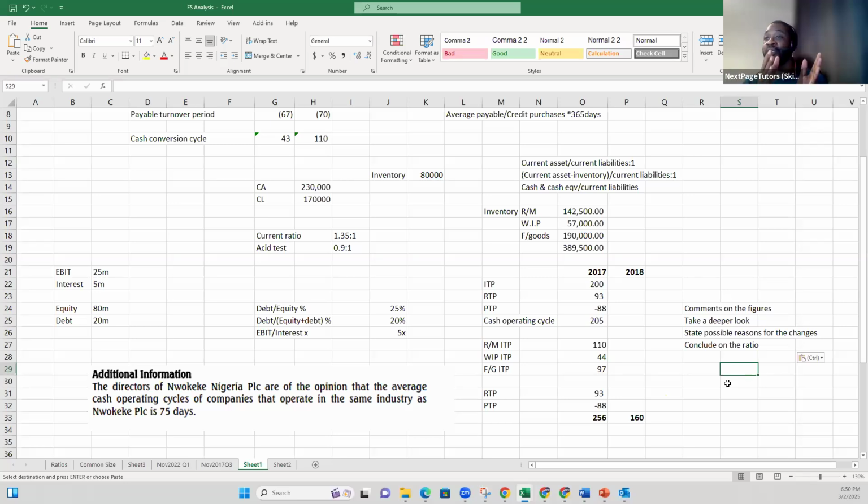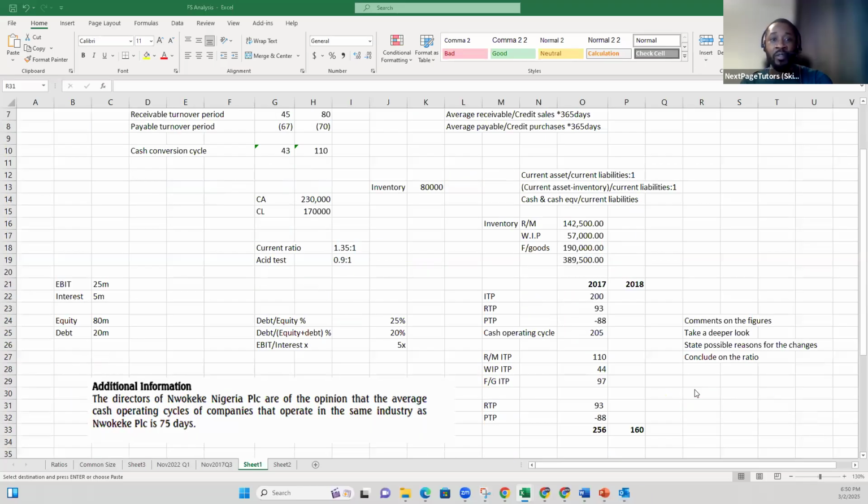You want to start by telling us that the cash operating cycle is 256 days in 2017, and this improved significantly to 160 days in 2018, even though this is still above the industry average, right? And then it is from there you can be adding again that they can do better, and all of those. So very, very important. So taking it from there, let's say something.